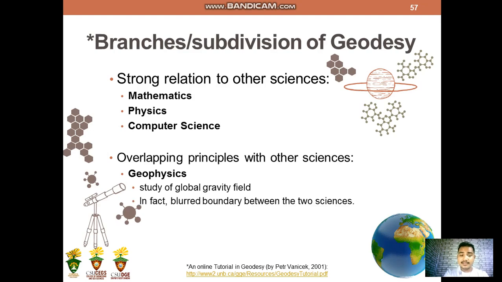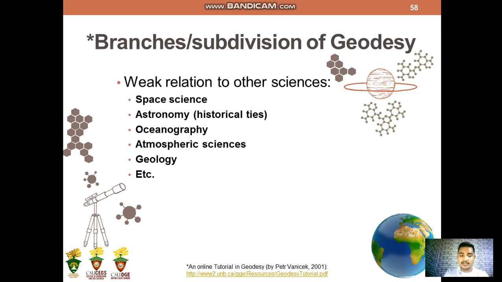And in fact, there is a blurred boundary between these two sciences, geophysics and geodesy. And we have also here the weak relation to other sciences. We have space science, astronomy, oceanography, atmospheric sciences, geology, and etc.